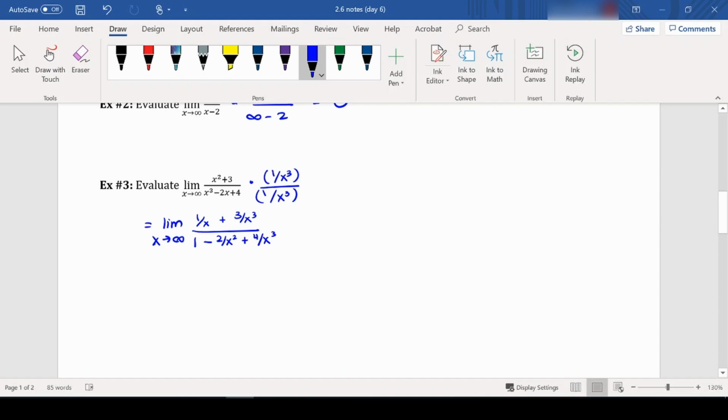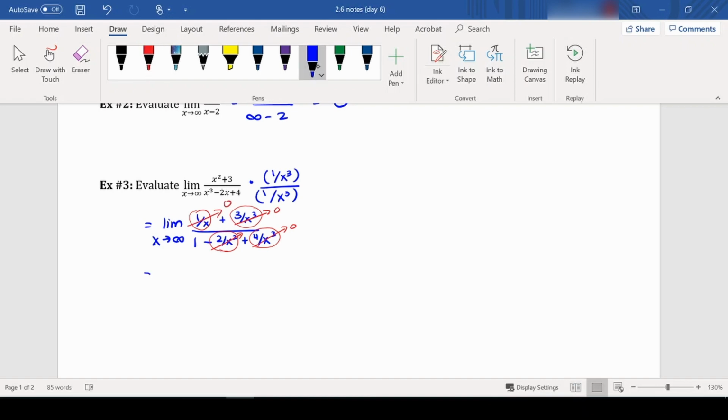The reason I'm doing this is because if I keep plugging in big, big numbers, we just determined 1 over infinity approaches 0. Well, if I have 1 over infinity here, 3 over infinity cubed here, 4 over infinity cubed here, and 2 over infinity squared here, these are all going to approach 0 as x approaches infinity.